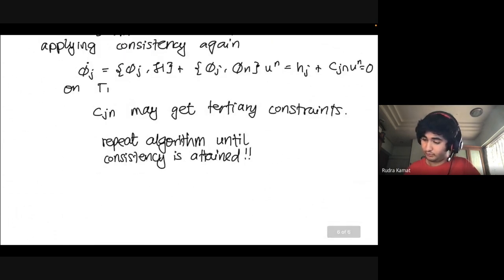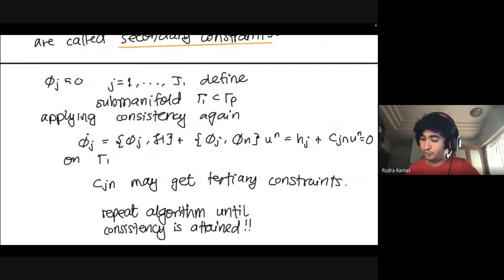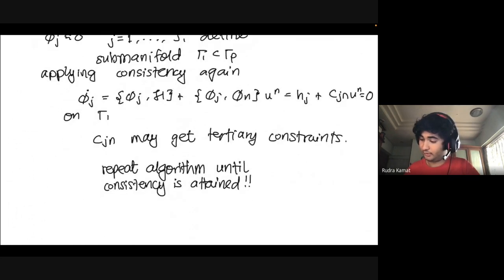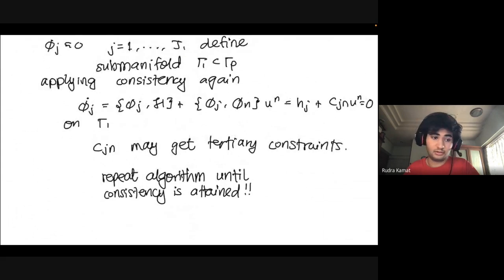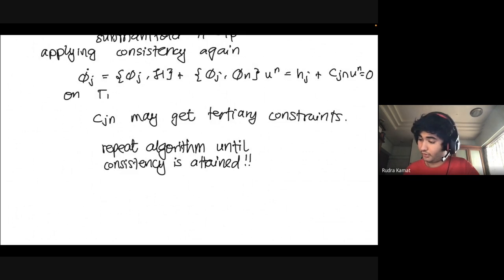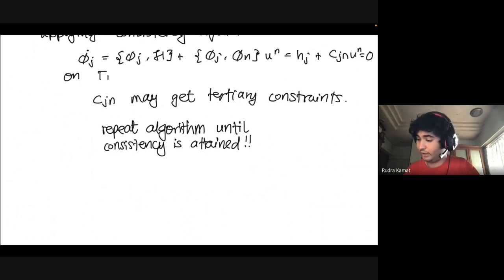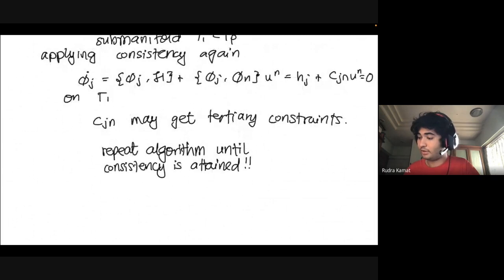So we just use them as constraints and apply consistency on them, because we want them to hold as well on a submanifold gamma 1 of gamma sub p. Then again, the matrix we get from the Poisson bracket between phi_j and phi_n gives a matrix c_jn, or maybe I should call it c prime because it's in the next step.